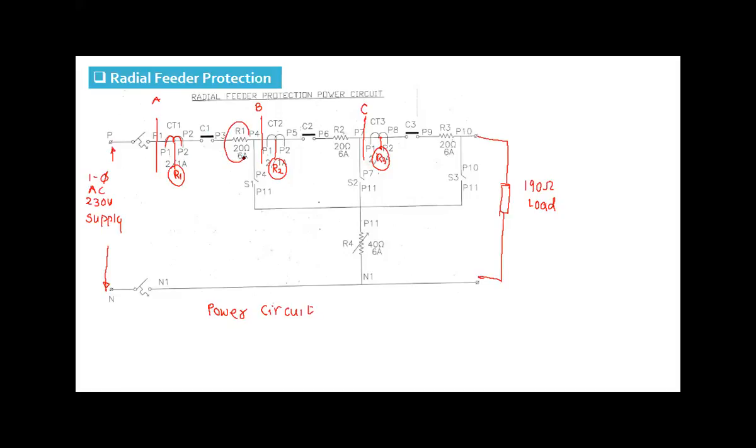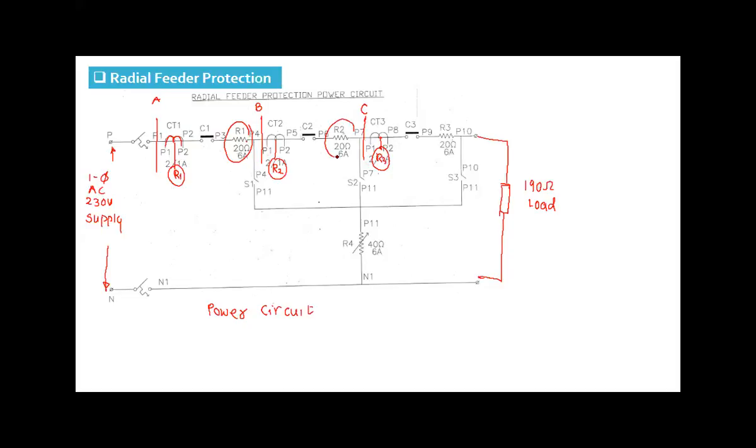20 ohm is the resistance connected between A and B. So it represents line 1, because in the laboratory we cannot actually have an exactly similar transmission line, but instead we are using a rheostat. So this 20 ohm is representing the line resistance between AB.